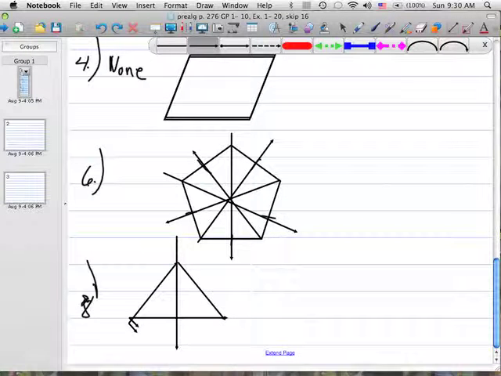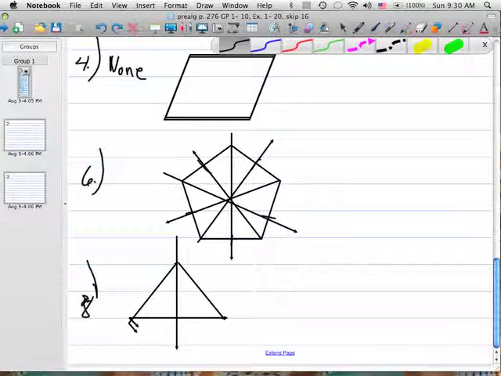They have one line of symmetry straight through there. And it's not equilateral. So an isosceles triangle.